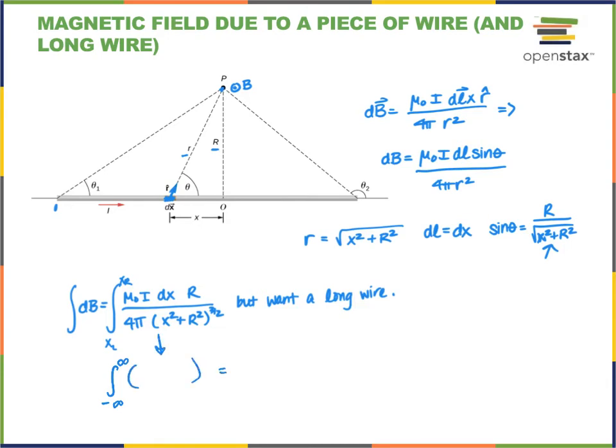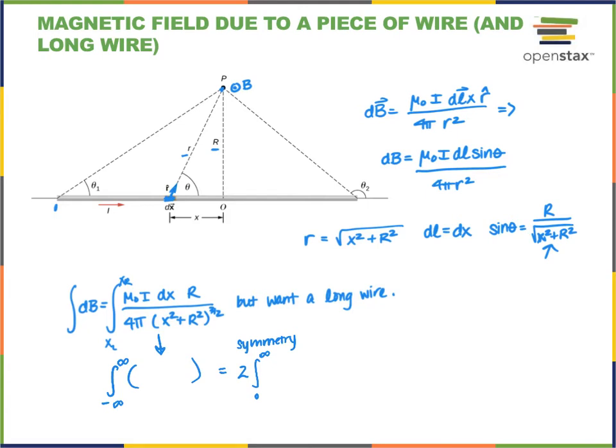But we're going to do a little trick, because it's symmetric. We can just integrate from 0 to infinity and multiply this all by 2. Basically we're doing half of it, but then we multiply by 2, because the right-hand side of the wire is going to add as much as the left-hand side of the wire.